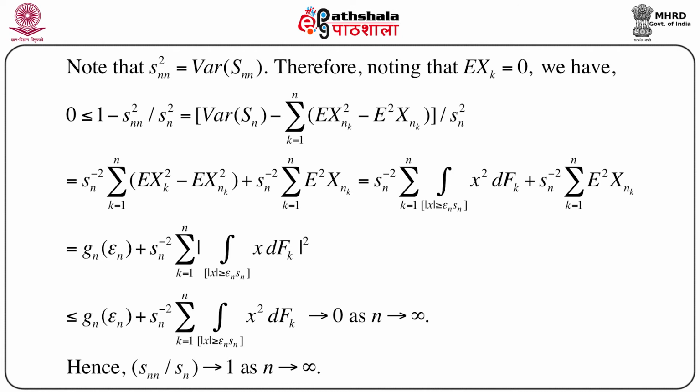The second term is s_n^{-2} Σ_{k=1}^n |∫_{|x|≥εs_n} x dF_k|², which is less than or equal to g_n(ε) plus s_n^{-2} Σ_{k=1}^n ∫_{|x|≥εs_n} x² dF_k, and again this goes to 0 as n goes to infinity. So here we have that s_nn/s_n goes to 1 as n goes to infinity.